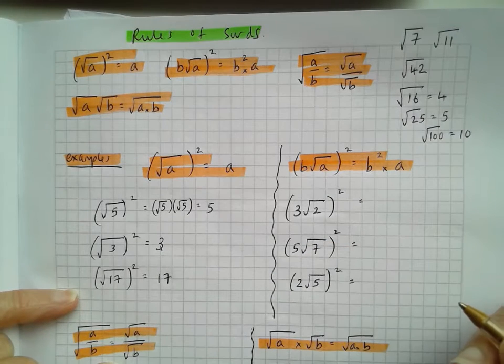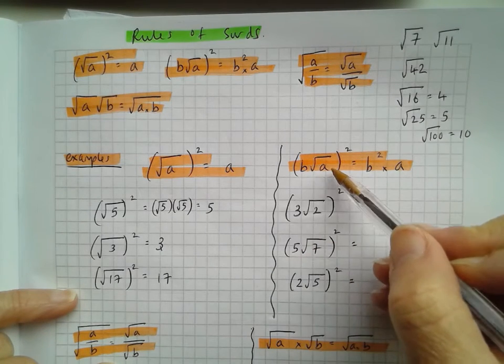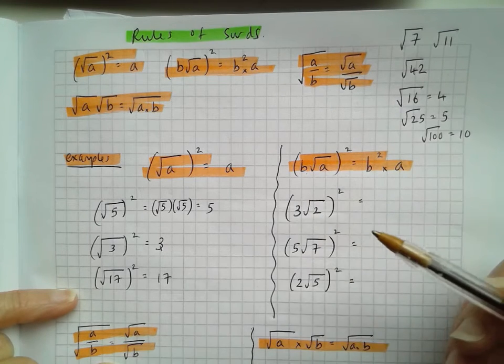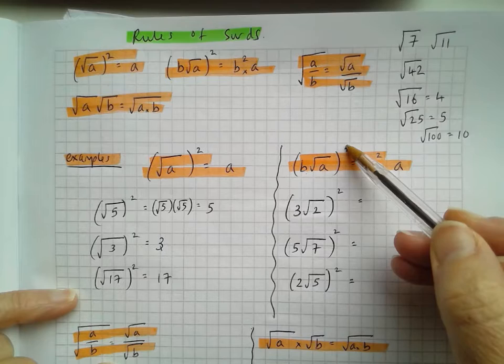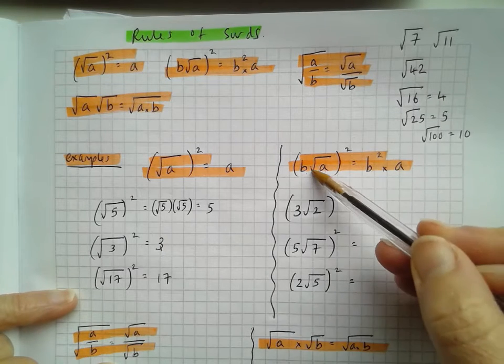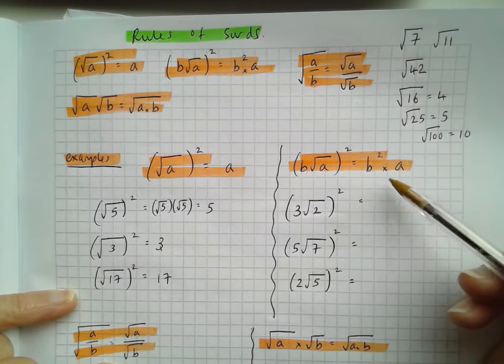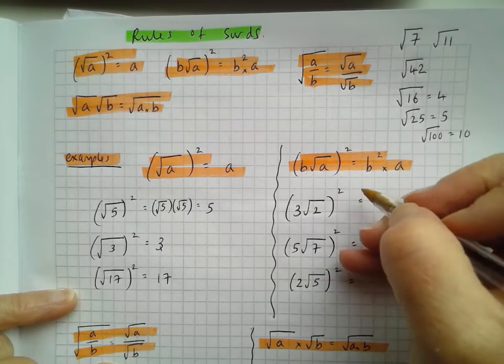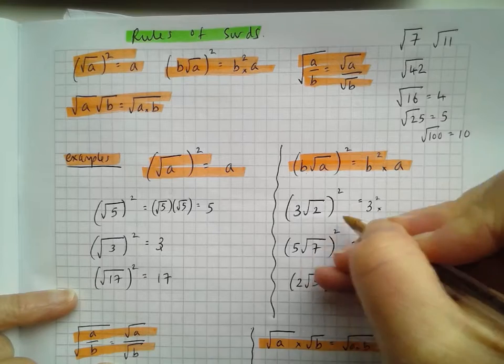Okay. Second rule says if we have a number multiplied by a square root in brackets and it's all squared, then the number is squared, which gives me b squared, and root a is squared, which gives me a. So 3 root 2 all squared will be 3 squared times root 2 squared, which is 2.